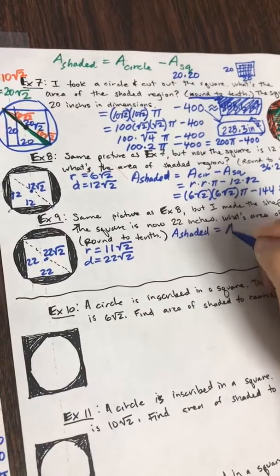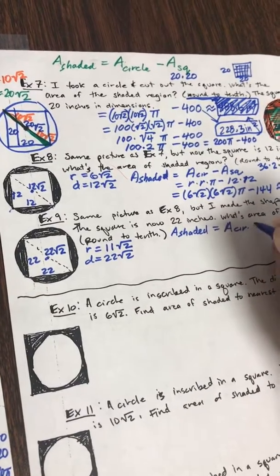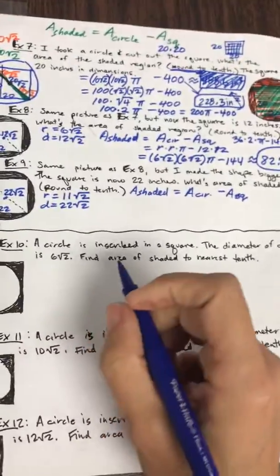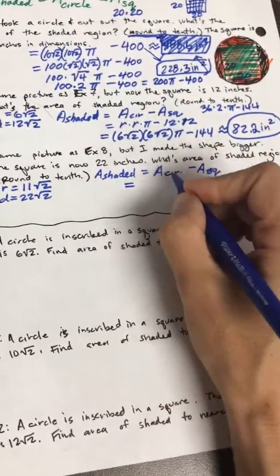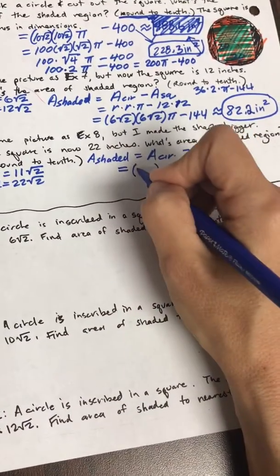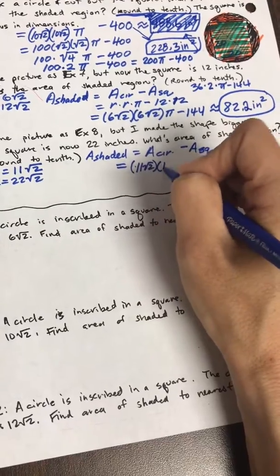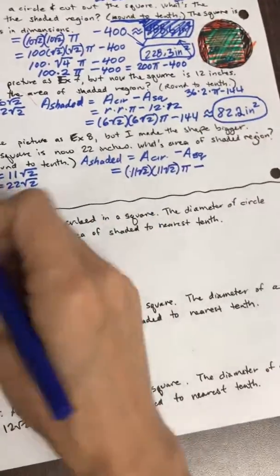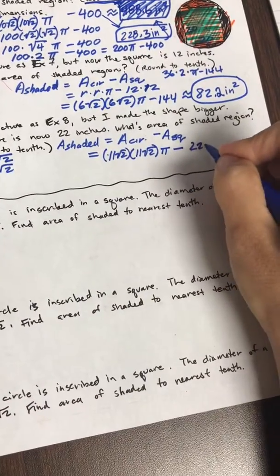So the area of the shaded region would be the area of our circle, take away the area of the square. So the area of our circle would be radius times the radius times pi, and our square is just 22 by 22.